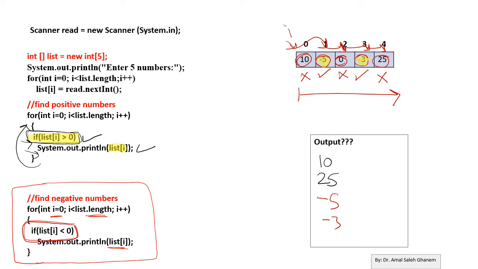And then when we finish, we have the output of the positive numbers and then the output of the negative numbers. It's a must that you have a for loop only to search for the positive numbers, and then another for loop to search for the negative numbers.